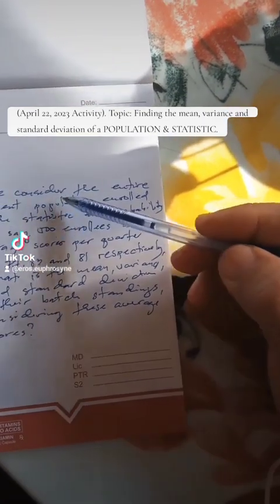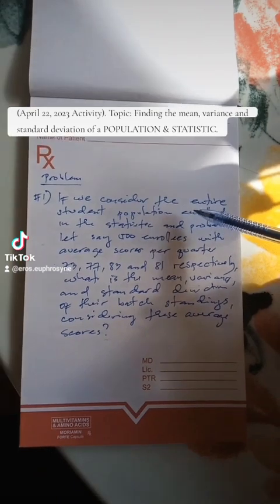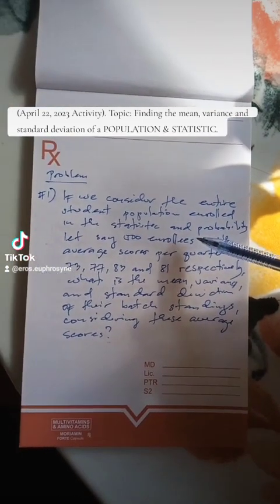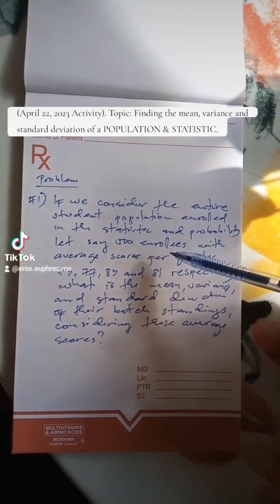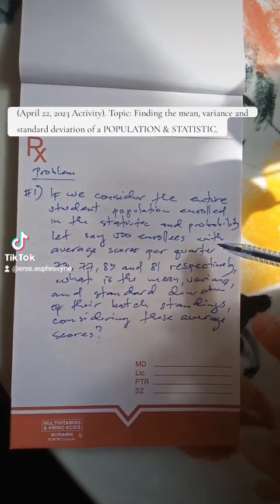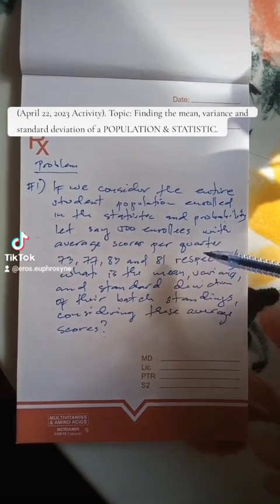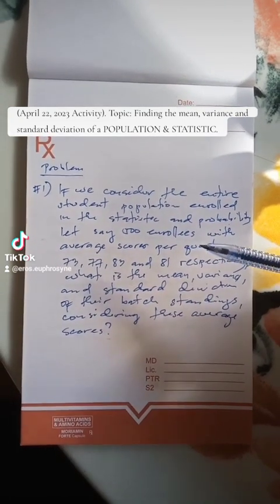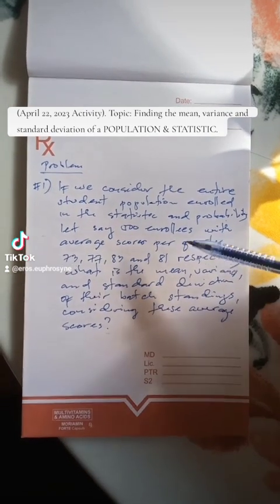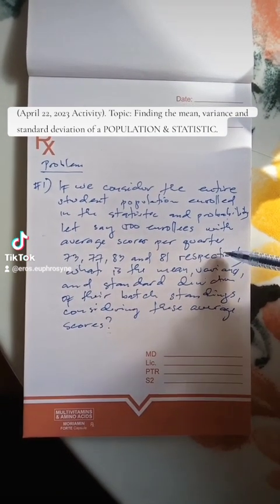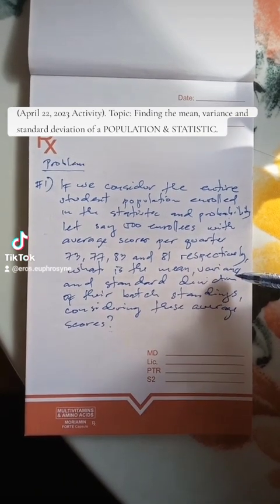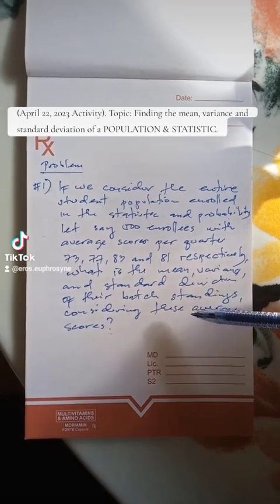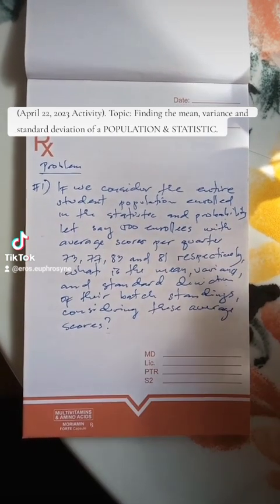Number one, if we consider the entire student population enrolled in statistics and probability, let's say 500 enrollees, with average scores per quarter of 73, quarter 2 77, quarter 3 83, and quarter 4 81 respectively. What is the mean, variance, and standard deviation of their batch standings considering these average scores?